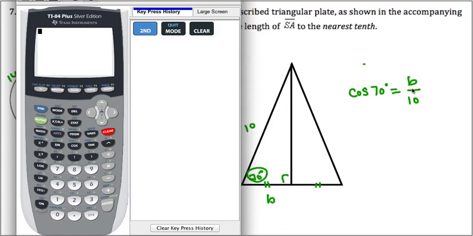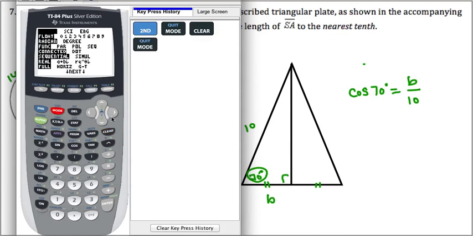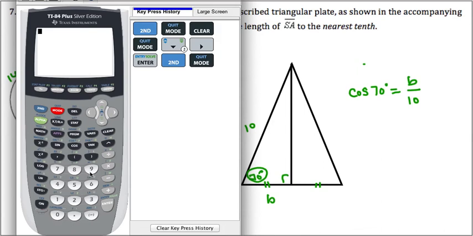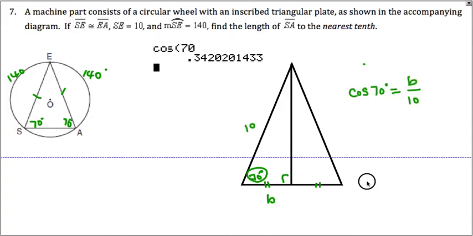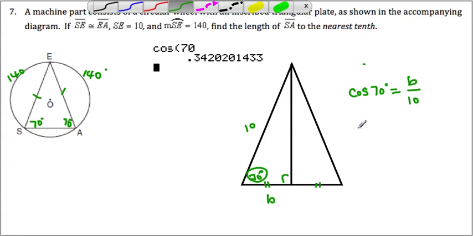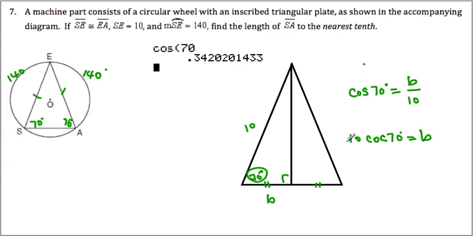Making sure the mode is in degrees, cosine of 70 degrees must be equal to this value. Then 10 times cosine of 70 must be equal to b. 10 times that becomes 3.42, which must be equal to b.